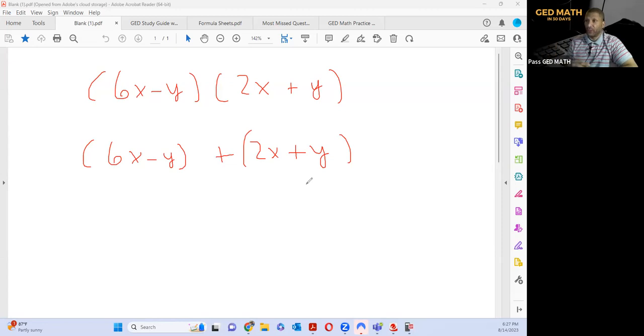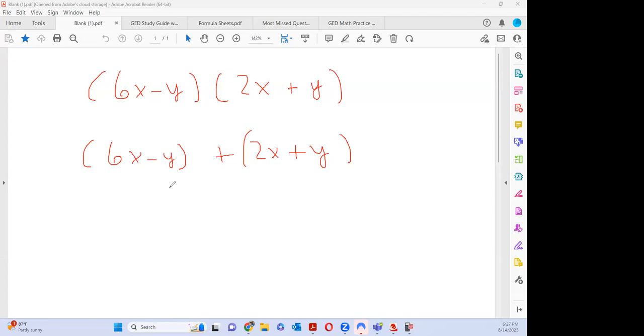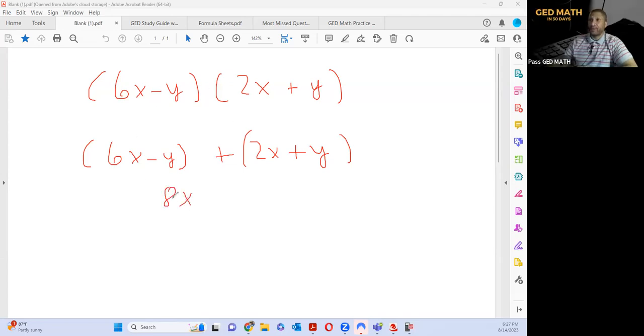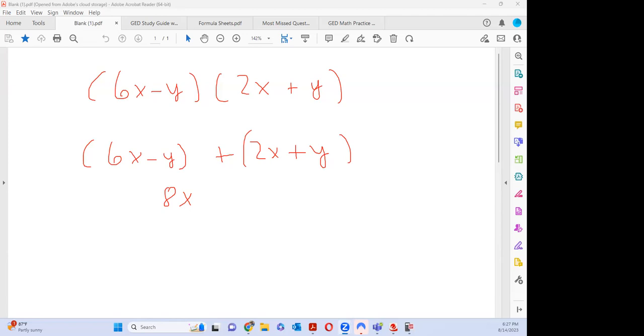The bottom one is combining terms. This bottom one will be 8x because 6x plus 2x is 8x. Minus y plus y cancel each other out.